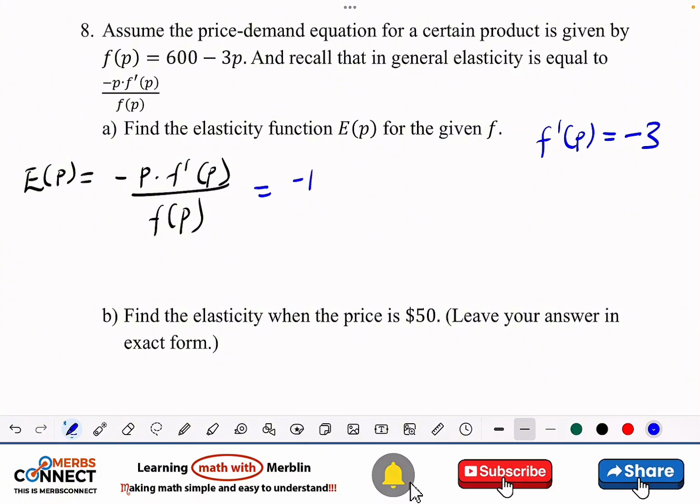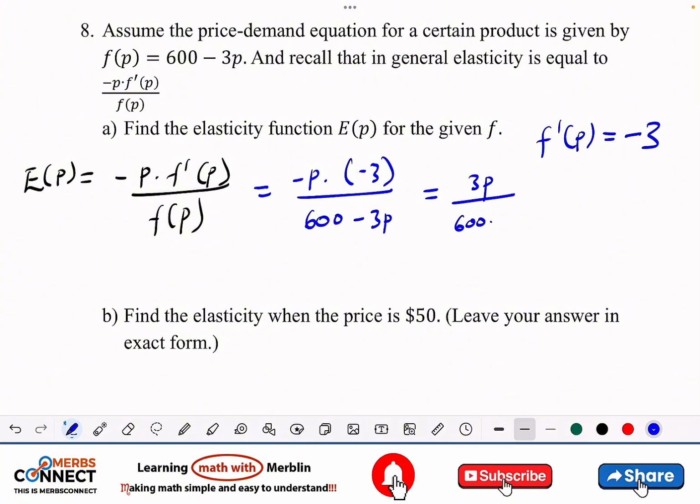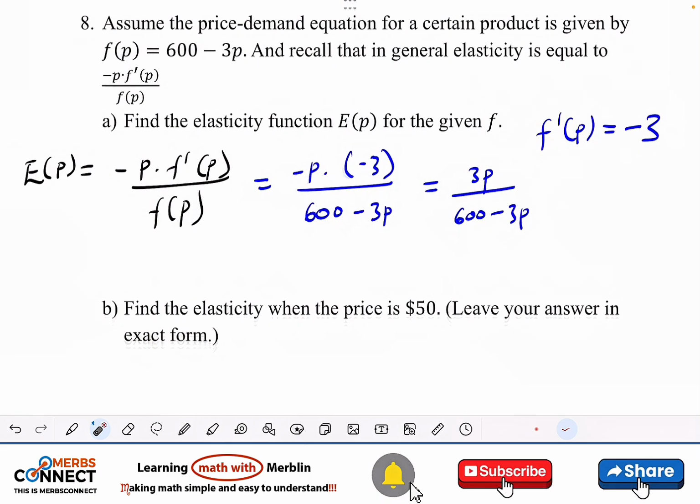This is going to be minus P times -3, so I'll put it in parentheses nicely, divided by this, which is 600 minus 3P. And minus times minus will be positive, so I'm going to have 3P divided by 600 minus 3P. Don't try to simplify. This is okay, just leave it here. Don't cancel this and this. This is not true. Just leave it in this form. We can simplify it, but this is okay. Just leave it in that form and you are okay to go.